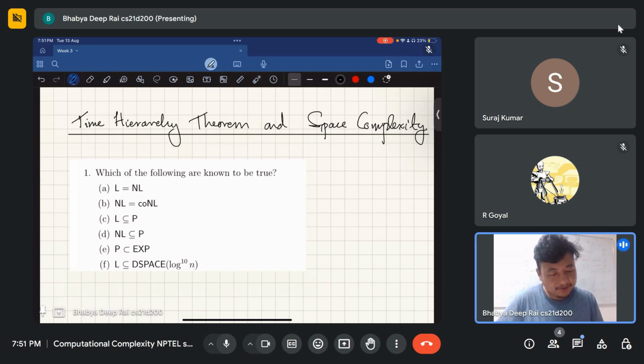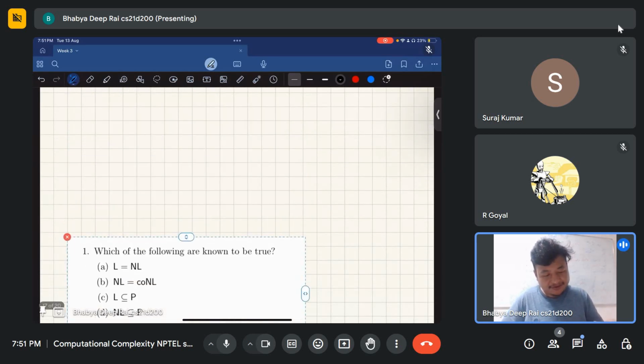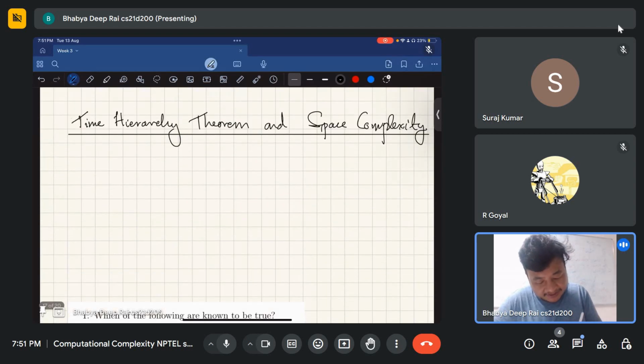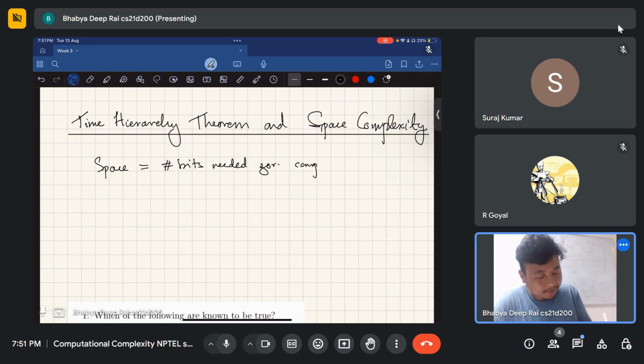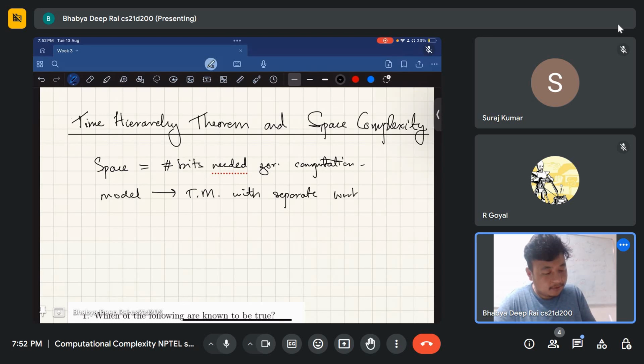So space complexity. Instead of time, we are measuring space. How do we measure space? Space is defined as the number of bits needed for computation, and usually the model is a Turing machine with a separate work tape.